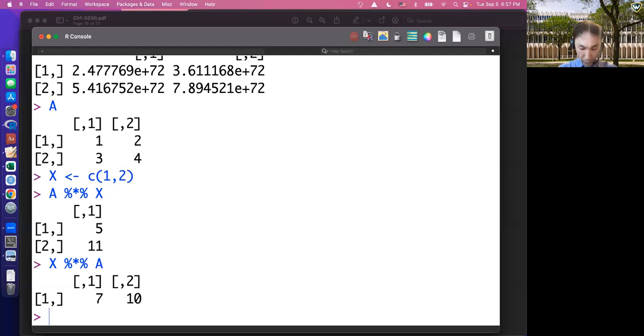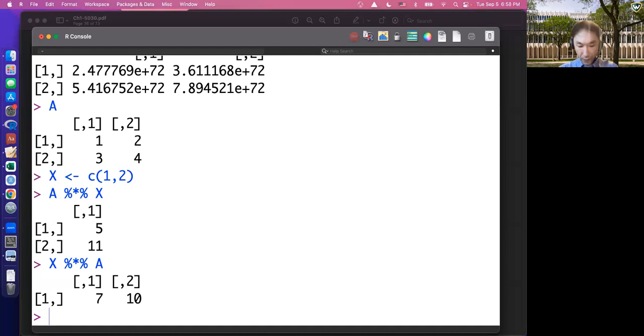Any questions? So we have to be careful when dealing with vectors. Sometimes we expect something else, but it changes rows and columns, row vector into column vector.